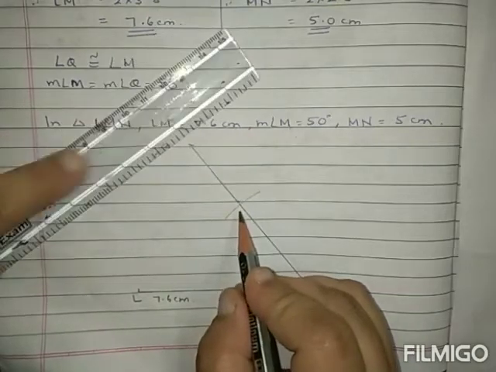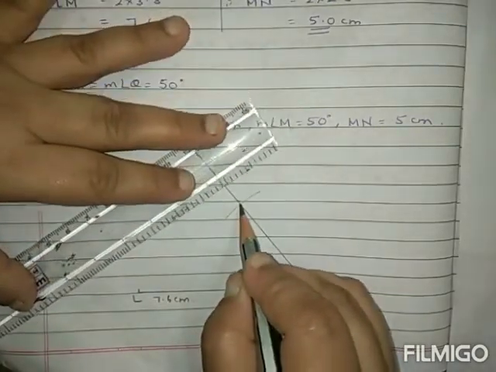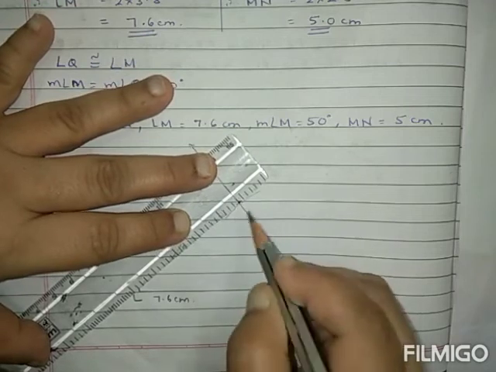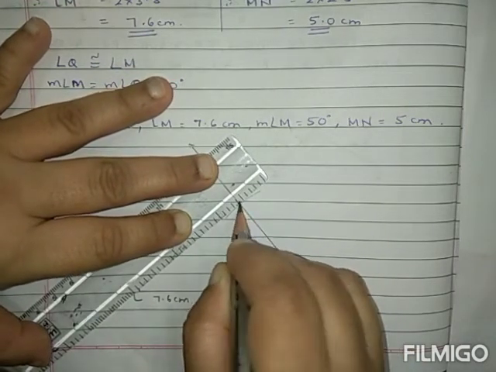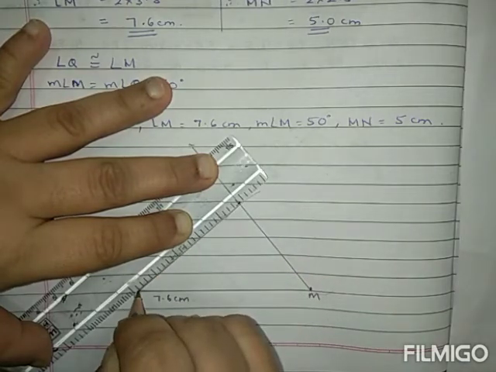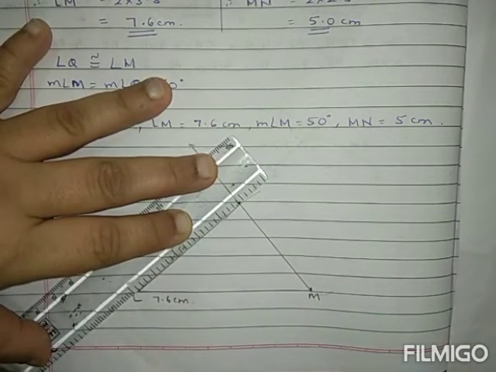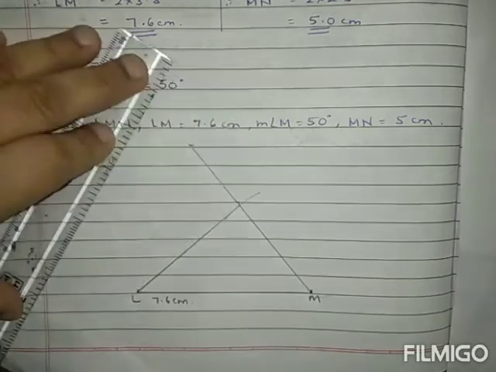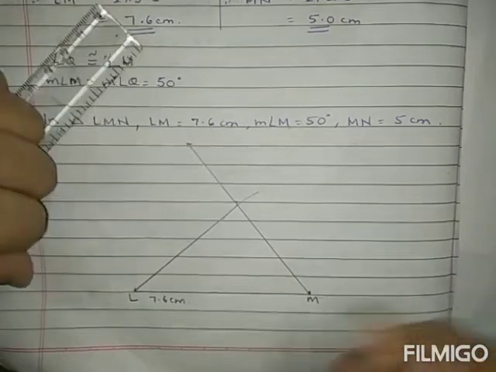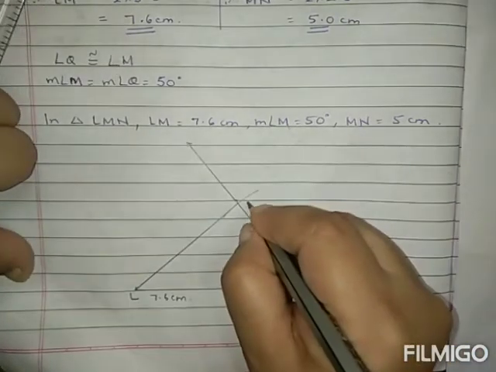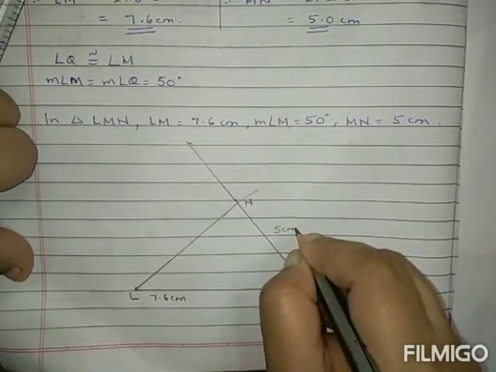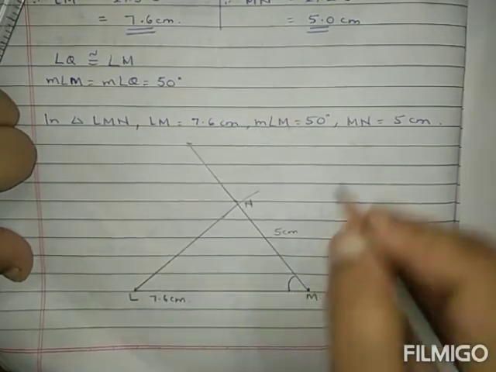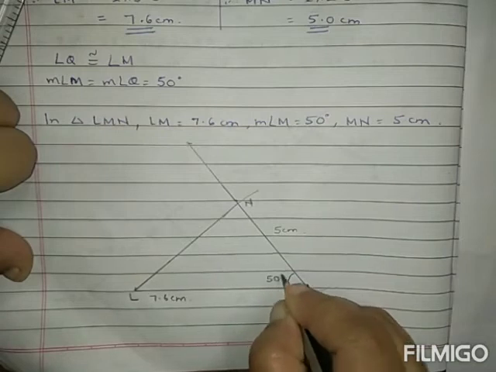I hope your compass pencil and your regular pencils are different. If you use the same pencil for the compass and the regular construction work or drawing lines, then the compass pencil becomes blunt and you have to remove it again and again and keep it sharp. So keep the pencils separate. So this is LM and N. MN is 5 centimeters and this angle here is 50 degrees.